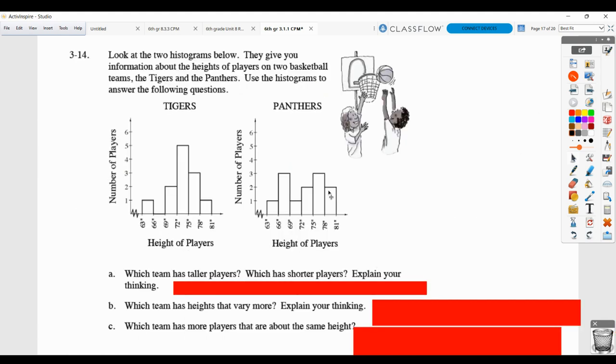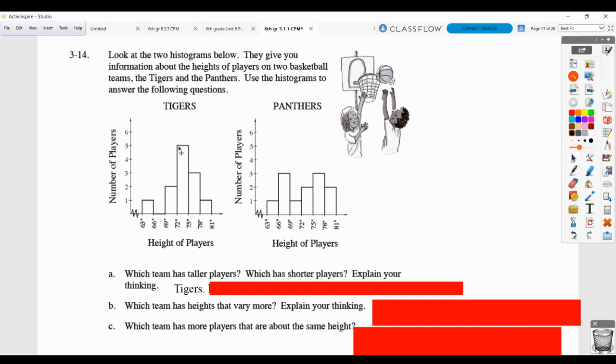Here you have to look at the histograms and then you have to answer the questions. So, which team has taller players? Which has shorter players? So what you're looking for is, which team has more players that are taller? Which one has more players that are shorter? The Tigers seem to have more taller players.